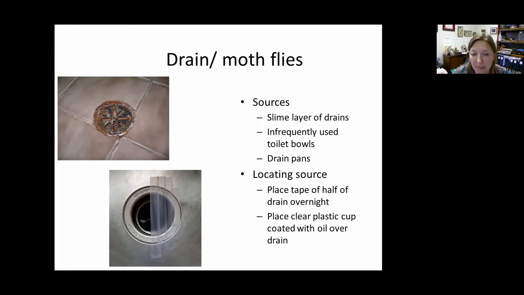The other idea is to use a clear plastic cup that is coated with either petroleum jelly or an oil of some sort. You can put that over the drain and check it in the morning for flies. That could be used as a method if you have other flies coming out of your drain, because there are other flies that could also be in the drain that are not necessarily drain or moth flies.